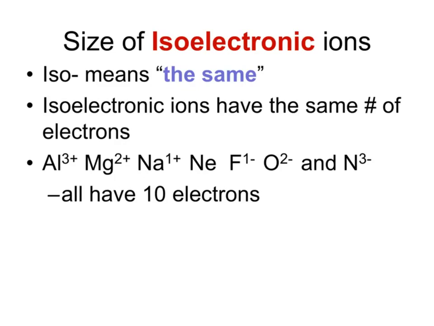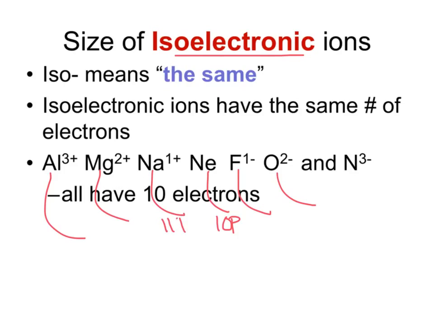All right, and if we have ions with the same exact number of electrons, we call them isoelectronic. So for example, aluminum has 10 electrons. Magnesium also has 10, sodium has 10, neon has 10, etc. Neon has 10 protons.